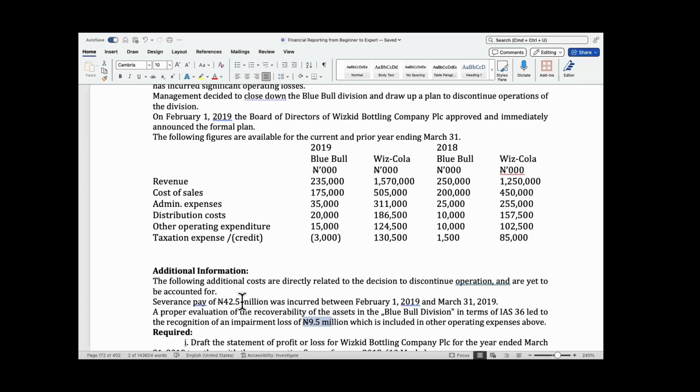This one is an additional cost. But this 9.5 million, they said is already included in the operating expenses. So what you need to do is to remove it and present it separately.